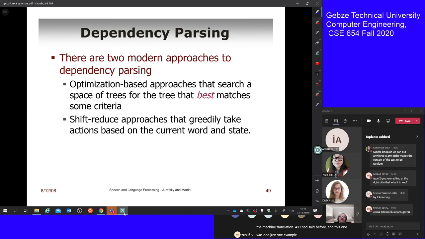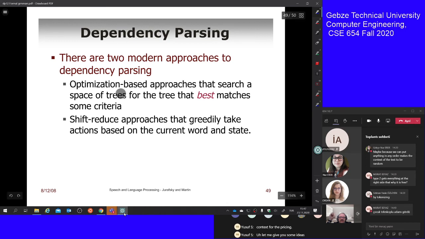Okay, so how does dependency parsing work? I think next week I am going to look at dependency parsing more carefully. I am going to show you how it works. Since this is an easier parsing method than context-free parsing, let me give you some ideas.